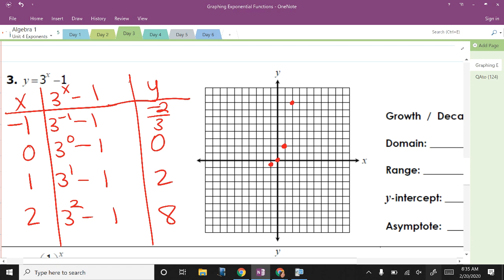All right, so I think we're going to have an asymptote at negative 1. Y'all see that? We just shifted down 1. Okay, there's a clue. Yes, you have a different asymptote for every graph. Every graph has its own asymptote.